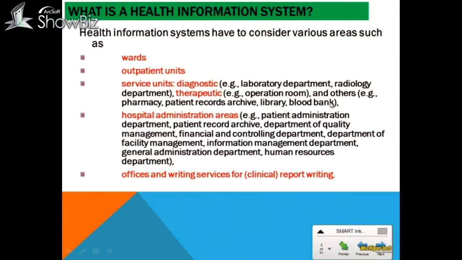It also includes the hospital administration areas. Because in the hospital, we have the patient administration department, patient records, department of quality management, financial and controlling department, department of facility management, information management department, general administration department, and human resources department.